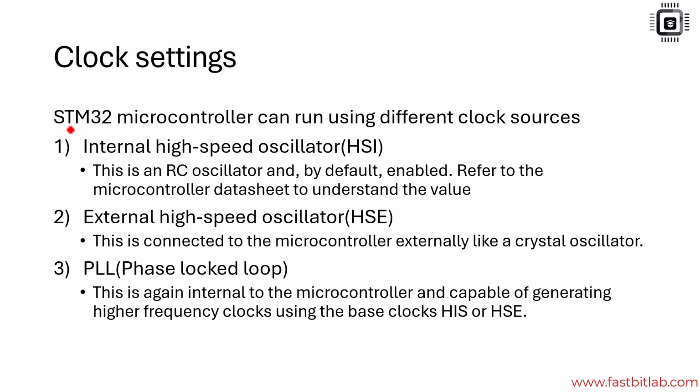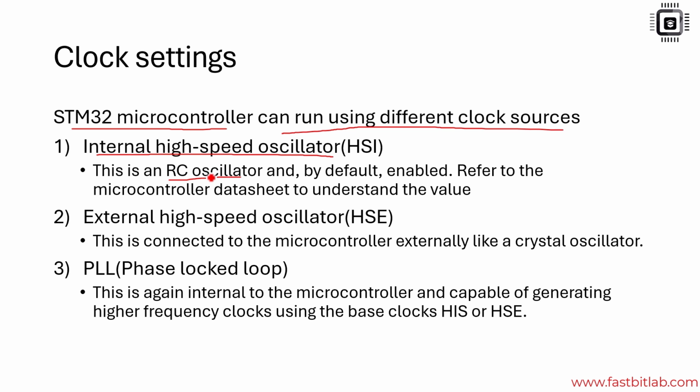Please note that the STM32 microcontroller can run using different clock sources, like the internal high-speed oscillator. There is one high-speed oscillator present inside the microcontroller. Its name is RC oscillator, and it is by default enabled upon reset of the microcontroller. So it is always enabled.